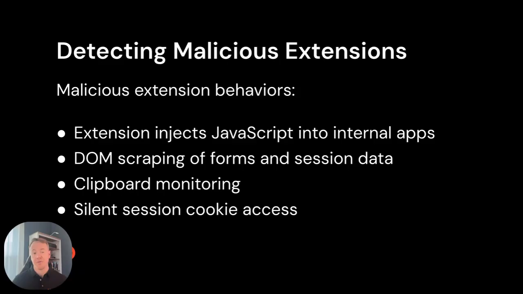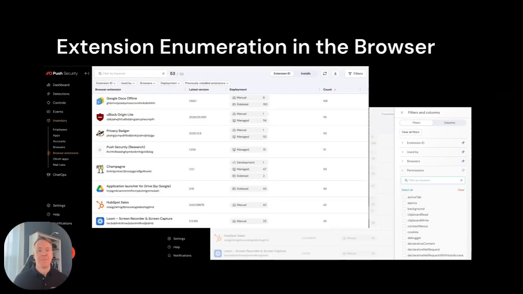These are pretty clear red flags, but injecting JavaScript into internal apps, clipboard monitoring, cookie access, these are suspicious, anomalous, and may or may not indicate this is a bad extension.